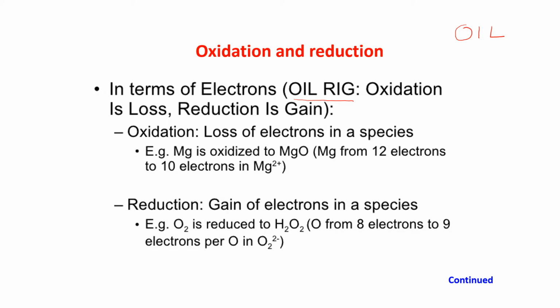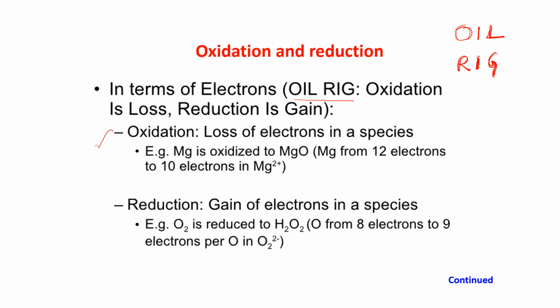O for oxidation, I for is, and L for loss of electron. And RIG means reduction is gain: R for reduction, I for is, G for gain of electron. Easy to remember?